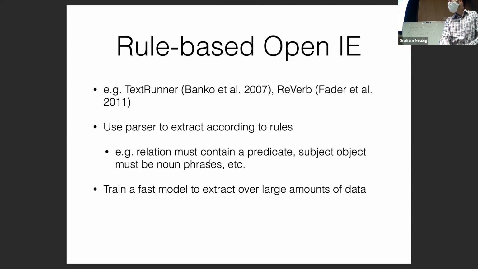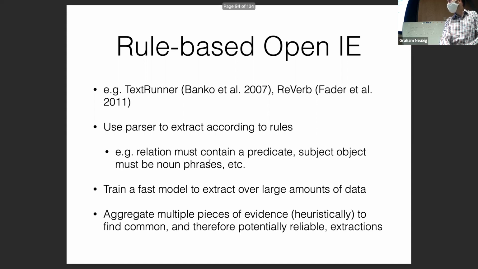And you can train a fast model to extract over very large amounts of data. And you can aggregate multiple pieces of evidence heuristically to find common and therefore potentially reliable things. So if something is mentioned lots and lots, then it's probably more reliable than something that was only mentioned once.